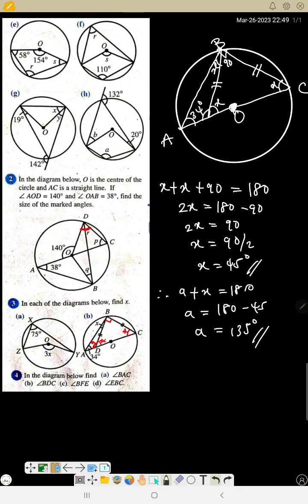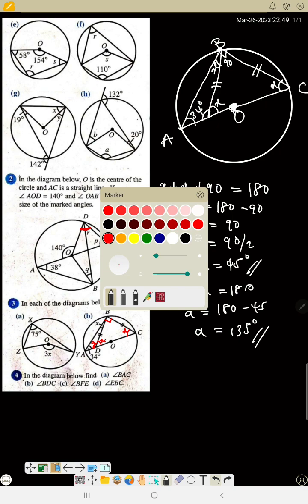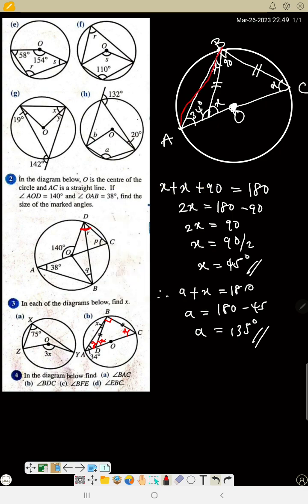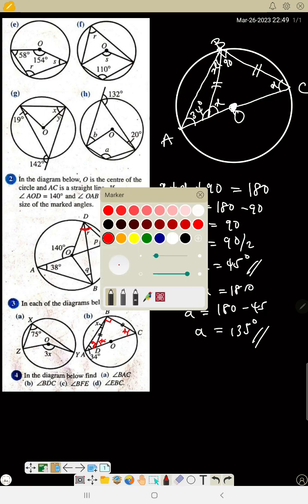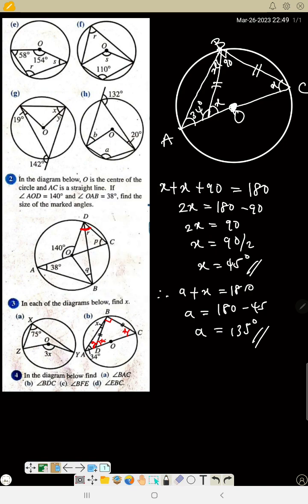So we now have a triangle here like this, and the sum of angles in a triangle is 180. So add all the angles inside that triangle. We now have 34 plus 135 plus S, everything should be 180.